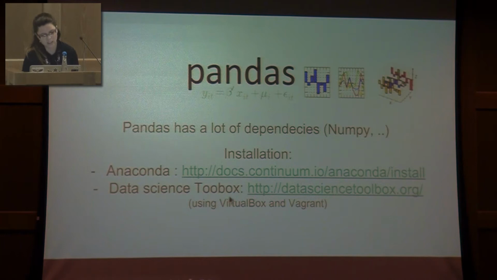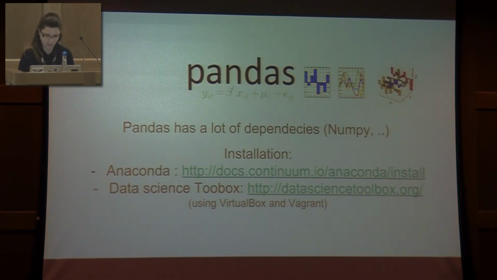But what I did recently, I installed on my machine the data science tool, which you can find at this link. It's a virtual machine environment where you can have all the data science libraries that are needed. There is Python, there is R also if you're interested.